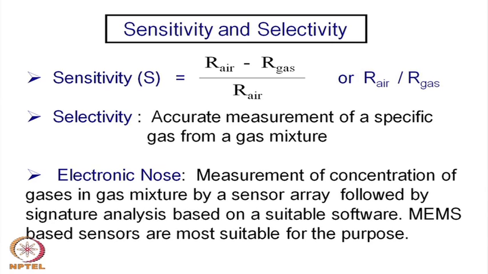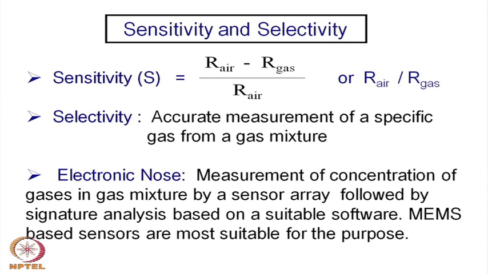Basically, our nose senses various kinds of aromatic compounds, some smells and so on. These smells are nothing but the presence of certain gases. Some gases actually produce some smell specific to the particular situation or fragrance and so on. Sometimes bad smells are also there. So, even some rotten things produce some bad smells.